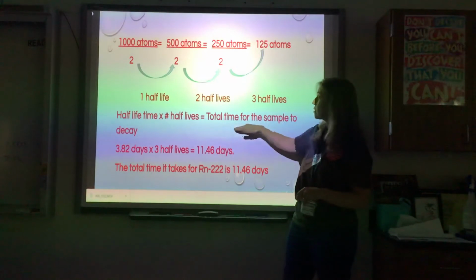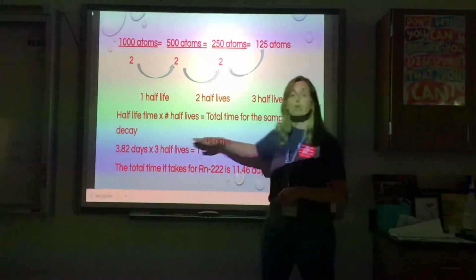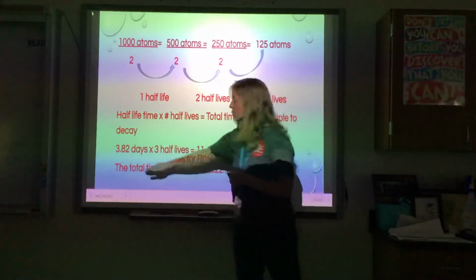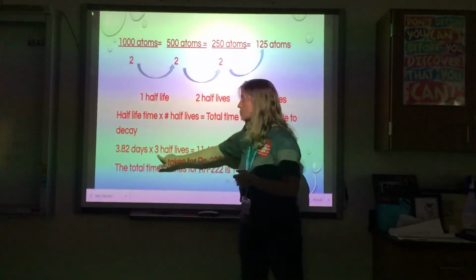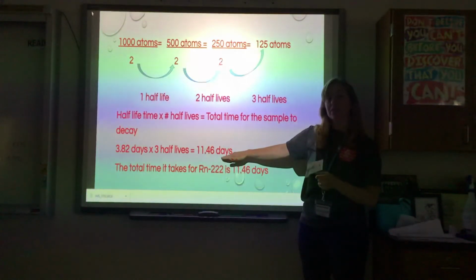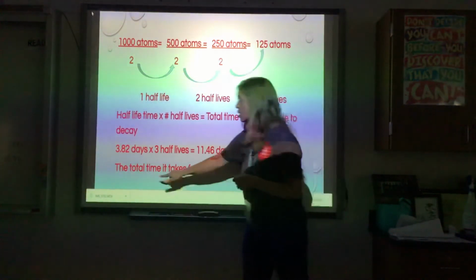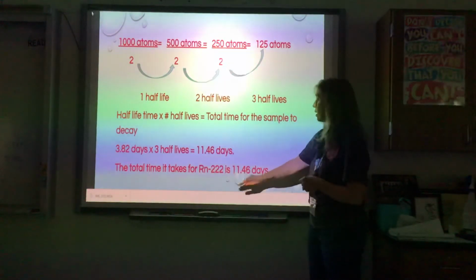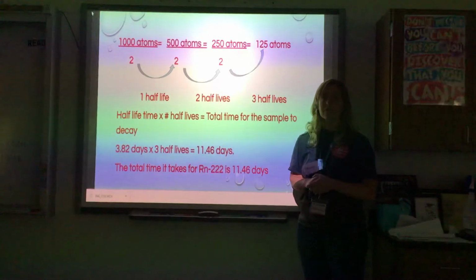And that's going to give me the total time for the sample to decay. All right? So let's do that. So we're going to take 3.82 days times 3 half-lives, and that's going to give us 11.46 days. So the total time it takes for radon-222 is 11.46 days.